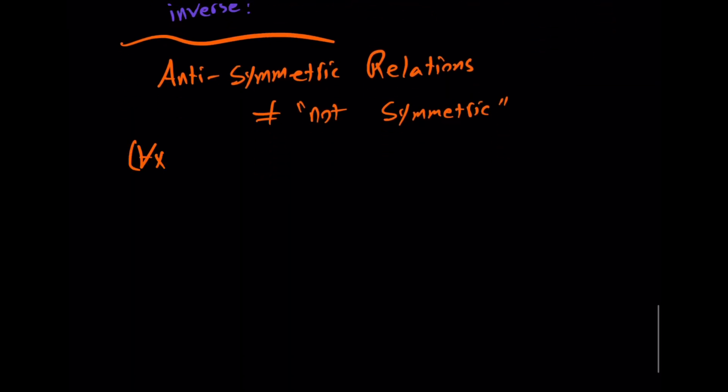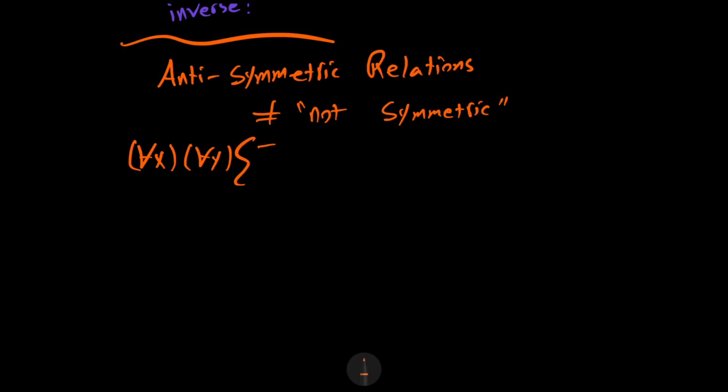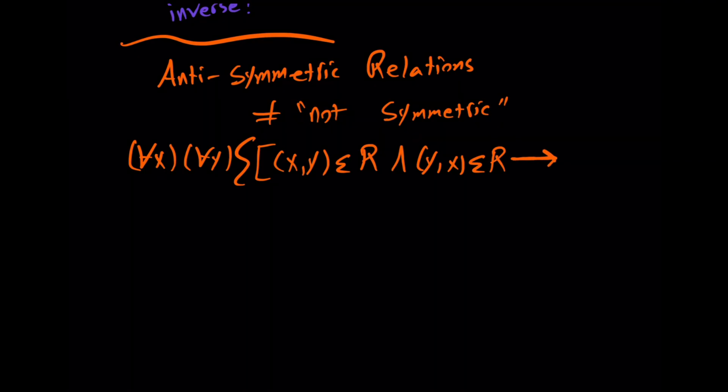For all x, for all y, if x comma y is an element or member of R, the relationship, and y comma x is also a member of R, the relationship, then x is equal to y.